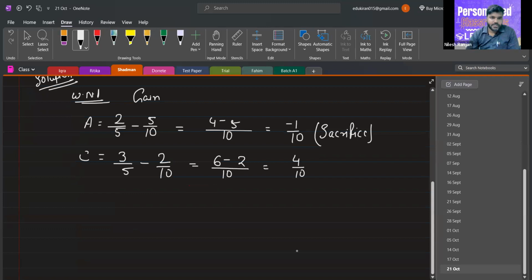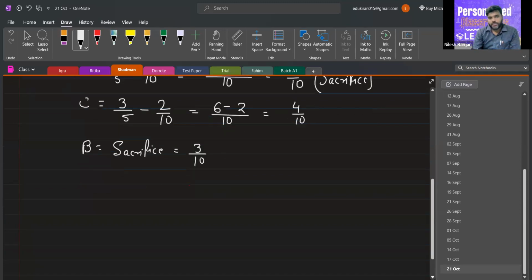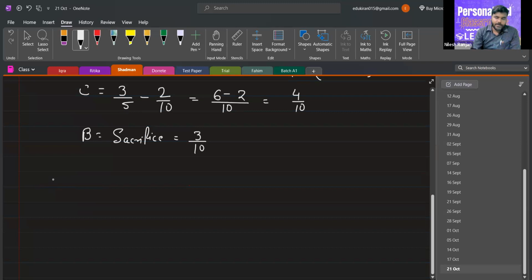Now, B is a retiring partner, so B is always sacrificing, because he is leaving the firm. So what will he gain in profit share? B is leaving his share, which is 3/10. So B sacrifices 3/10. Now we know the gain and sacrifice.